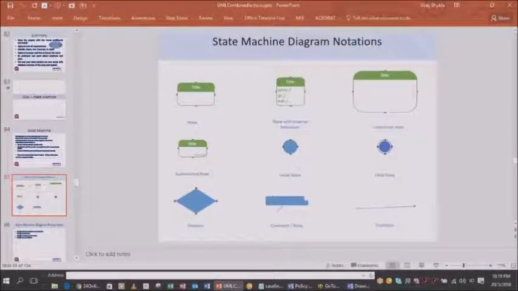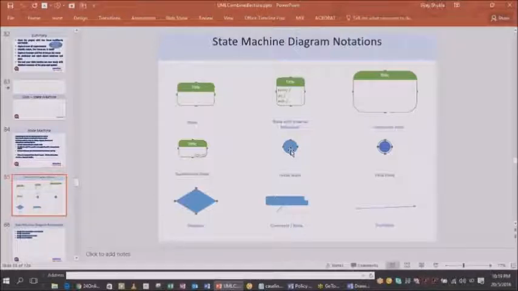Like all the other UML diagrams, this UML State Machine Diagram has also got a notation and associated terms with that notation. What we capture, as I have told you, is transition between states. So important notation for the state machine diagram is the initial state.